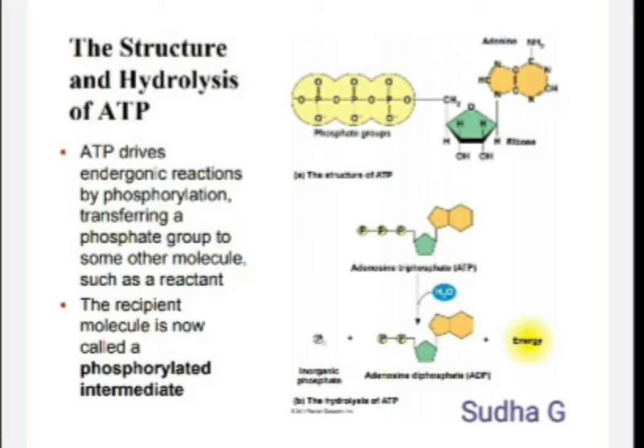The recipient molecule is now called a phosphorylated intermediate. In this figure, you can see the structure and the reaction of hydrolysis, furnishing energy, reducing to ADP and an inorganic phosphate group.